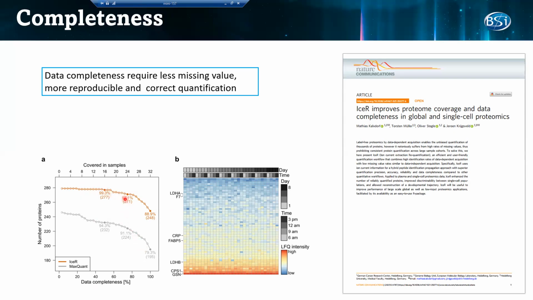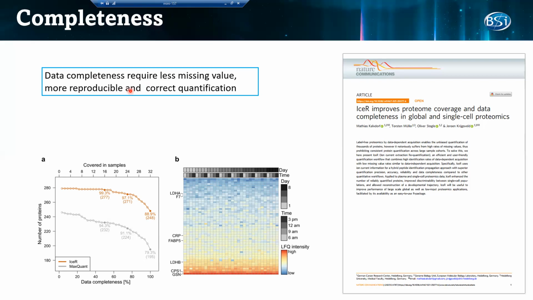If one protein is confidently identified and quantified in most of the samples, then the data completeness is very high. So basically, this is the basic requirement for the DIA result. We should have fewer missing values and more reproducible and correct quantification.